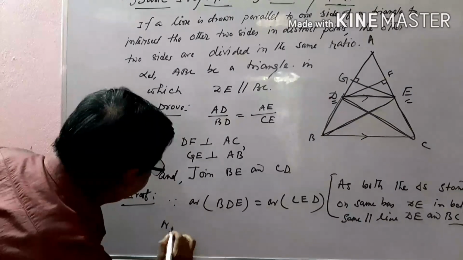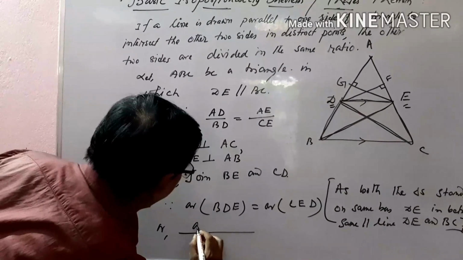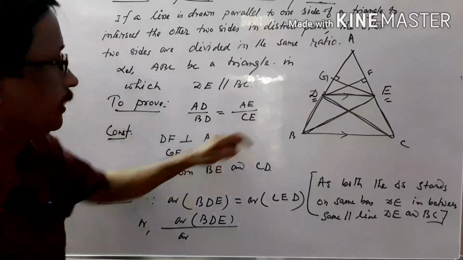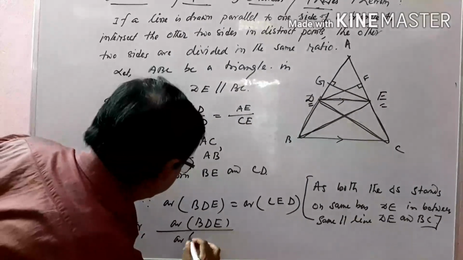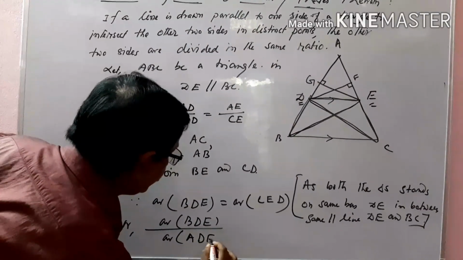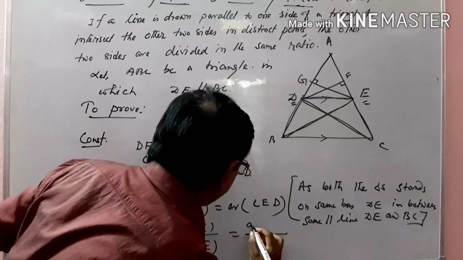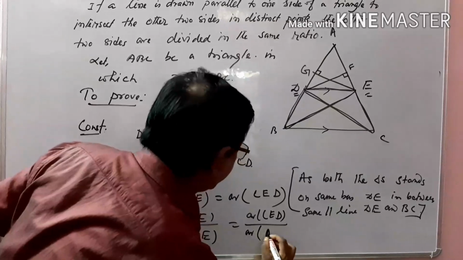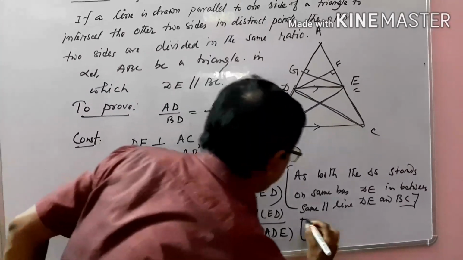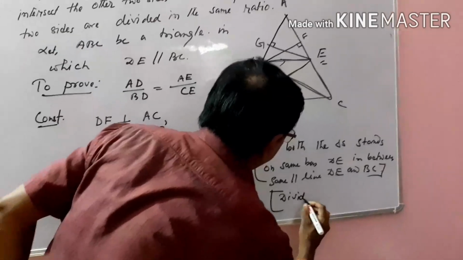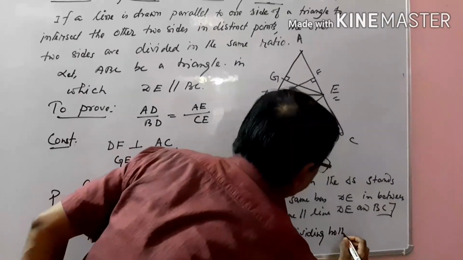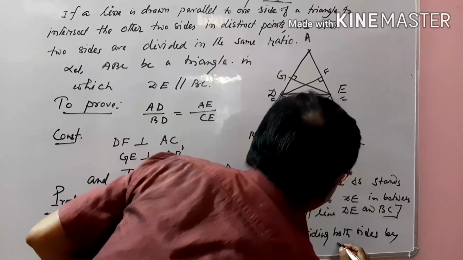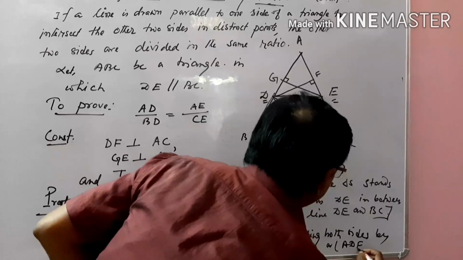Now we divide this by area of ADE. Area of BDE divided by area of ADE, equals area of CED divided by area of ADE. We are dividing both sides by area of ADE.